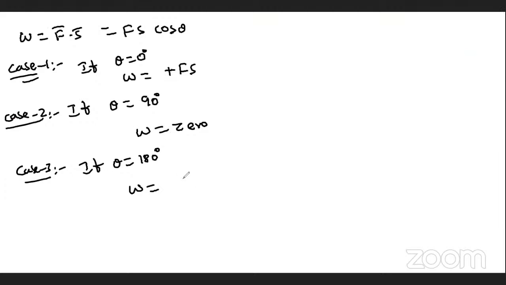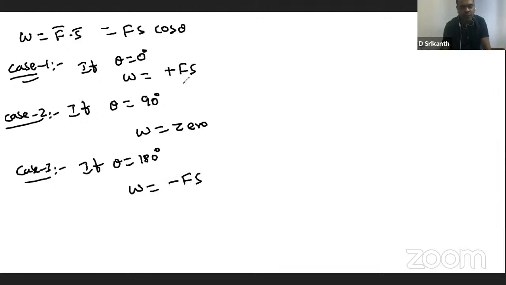So work done will be positive when the direction of force and displacement are along the same direction. Work done will be negative when force and displacement are in opposite directions. For example, let us consider the ground, a smooth surface. On this ground we have an object.